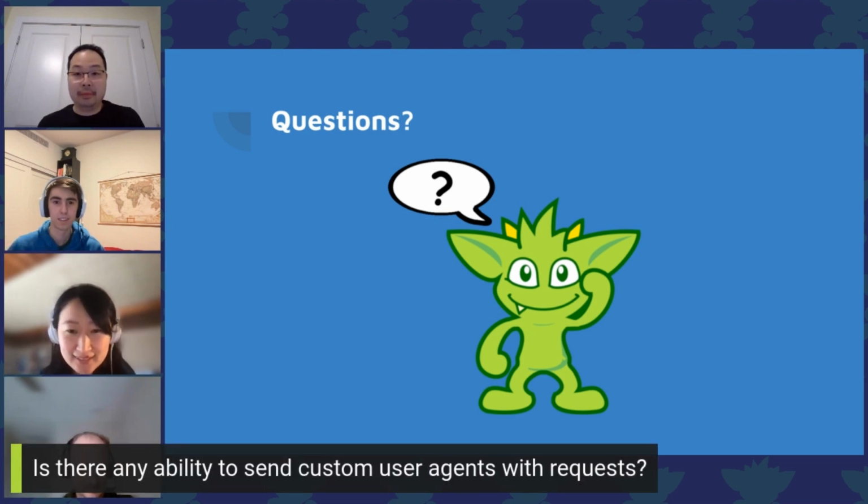Oh, we got one. Is there any ability to send custom user agents with requests? I believe that's a question for Cole. Yeah, I can talk about it a bit. The answer is sort of a yes and a no. The default user agent we've added here, currently it's not something you can customize beyond turning it on or turning it off.